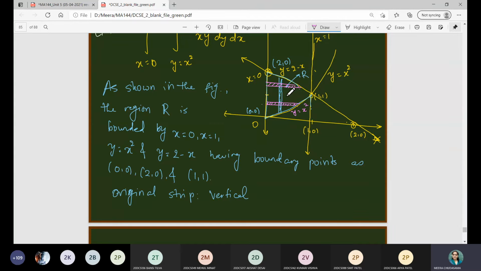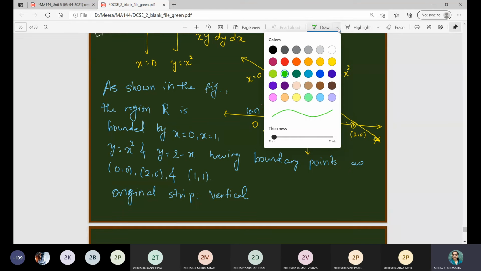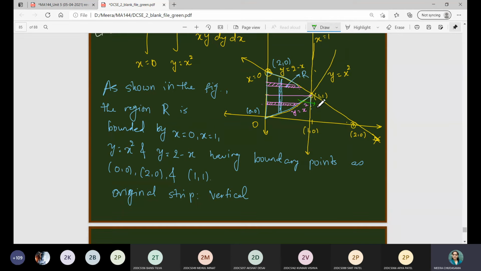So I cannot consider the entire region by just one integration. I have to divide this region where we have a sharp edge. So this region I will denote with R1. This region I will denote with R2, right?